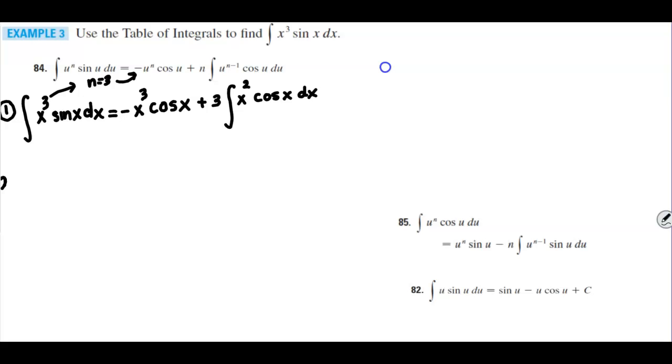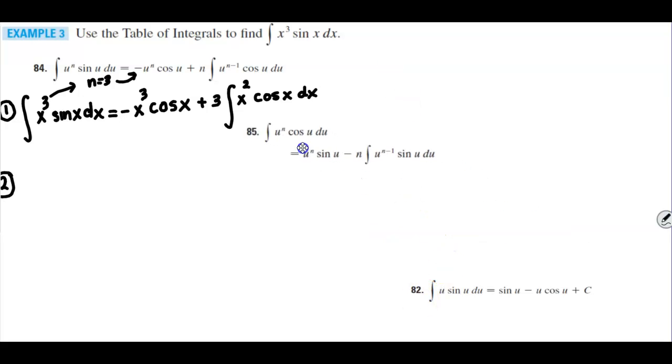Okay, now for step 2, we're going to use entry 85 for specifically just this part of that integral.